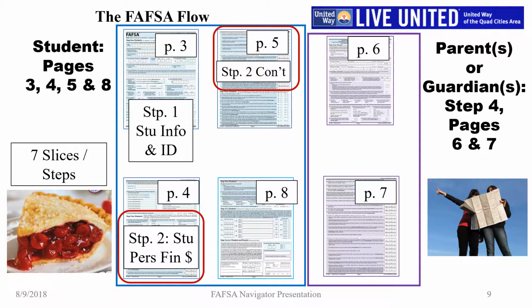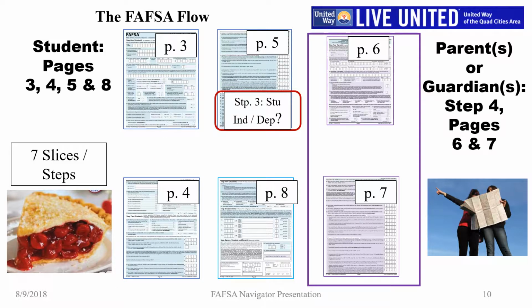Step 2 is the lower part of page 4 and the top of page 5. It asks about the student's personal finances, taxable income and assets, and the student's untaxable income and assistance. A feature of the online form is that you may automatically transfer the previous year's tax filing information directly into the online FAFSA form.